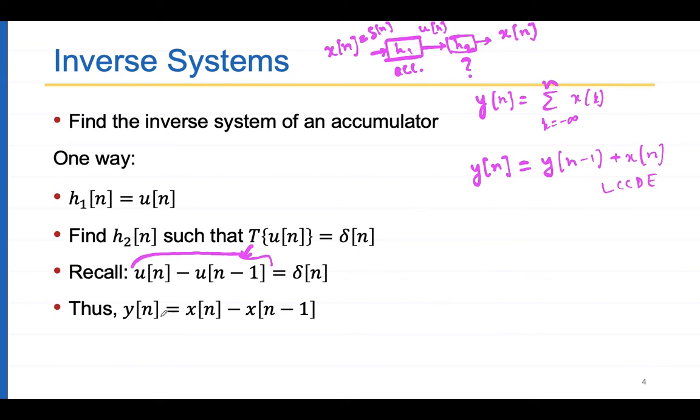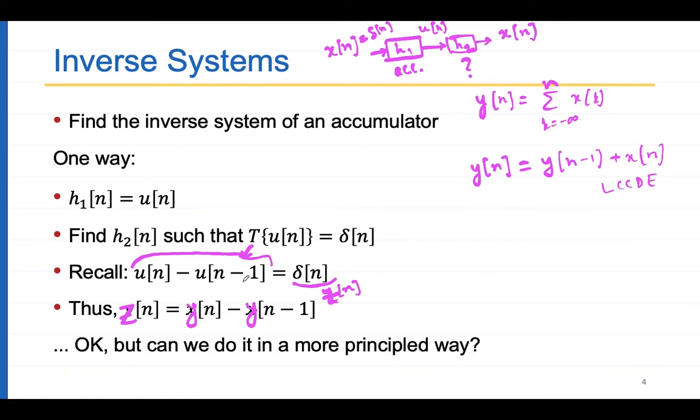This means my y of n is simply x of n minus x of n minus 1. Or if you want to use the notation z of n, then z of n is equal to y of n minus y of n minus 1. This is one way to derive the inverse solution.